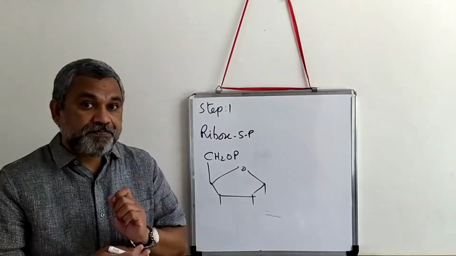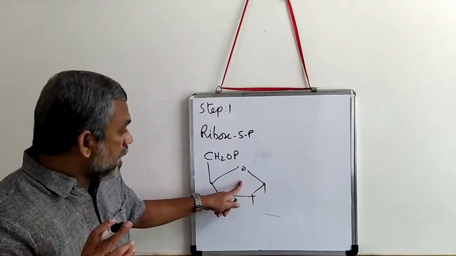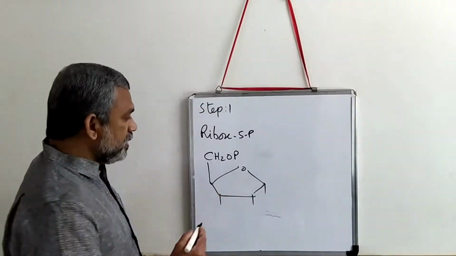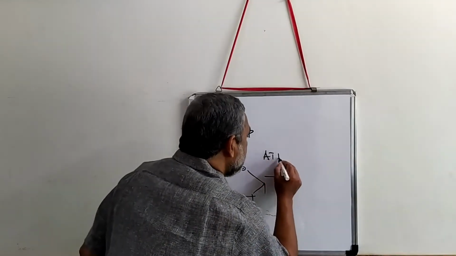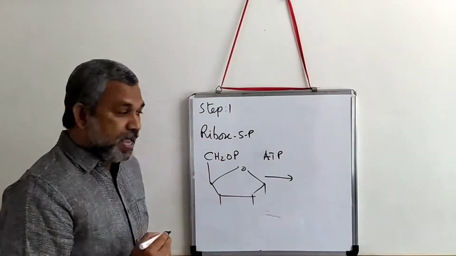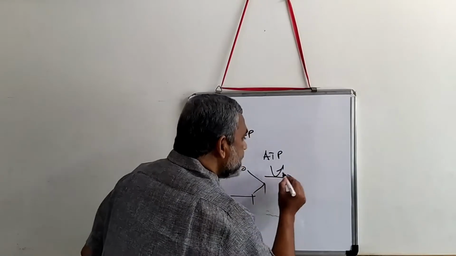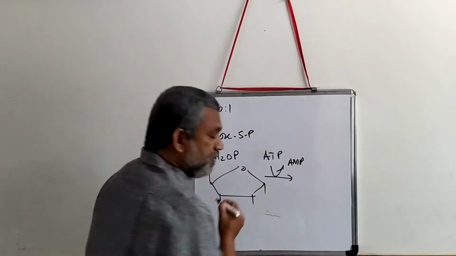The first step is now to modify this molecule with the help of an ATP, an energy-rich molecule. The ATP is cleaved into an AMP.